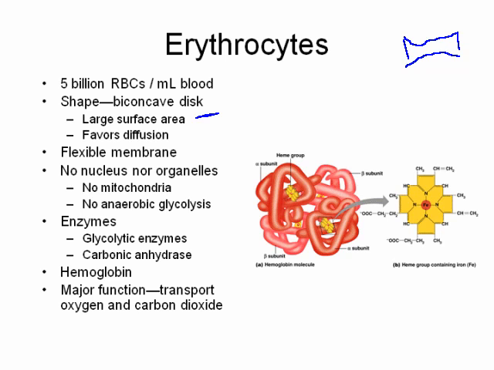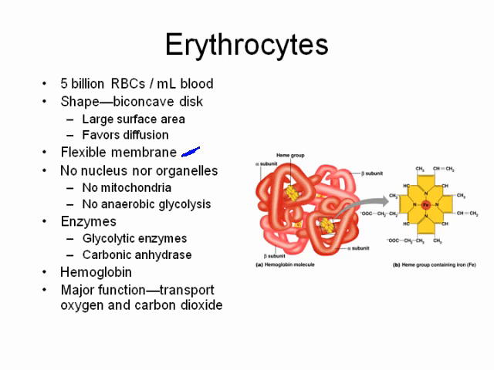And what this does is it increases the surface area of the cells, and by doing so favors diffusion. Now, of course, these erythrocytes are highly important for carrying oxygen as well as carbon dioxide. So a large surface area favoring diffusion makes them work that much more effectively.